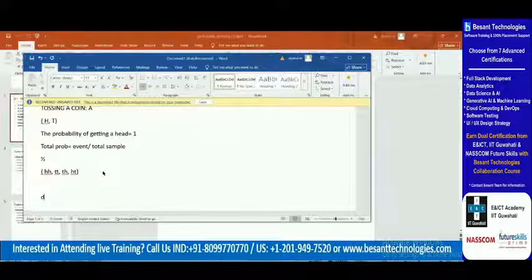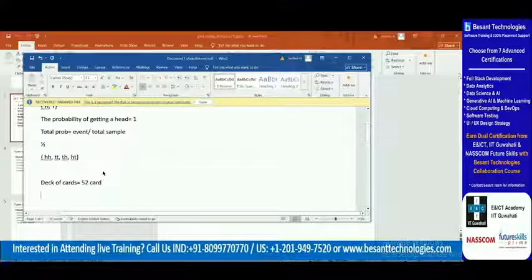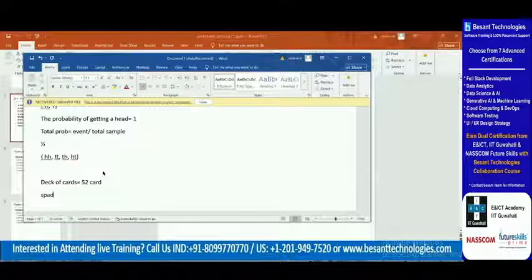You can also take the example of a deck of cards. Okay. In a deck of cards, how many outcomes do you have? You have 52 cards, no? I hope you know what all the cards are in a deck of cards. We have spade, diamond, flower, and heart.